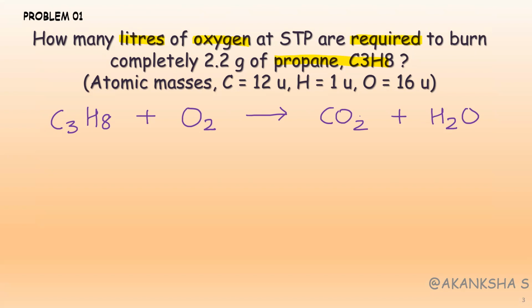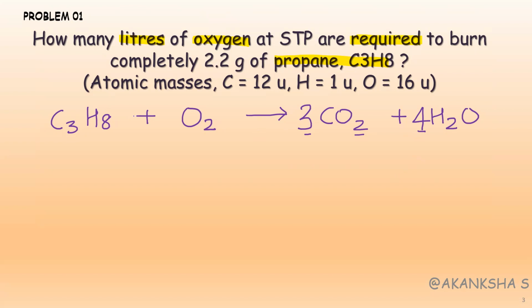3 carbons on the reactant side, 3 carbons on the product side. 8 hydrogens on the reactant side, 8 hydrogens on the product side. Let's calculate oxygen. On the reactant side, we have 2 oxygens, whereas on the product side, 3 twos are 6 plus 4, 10 oxygens.